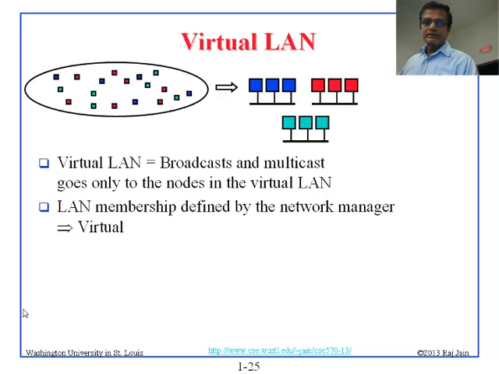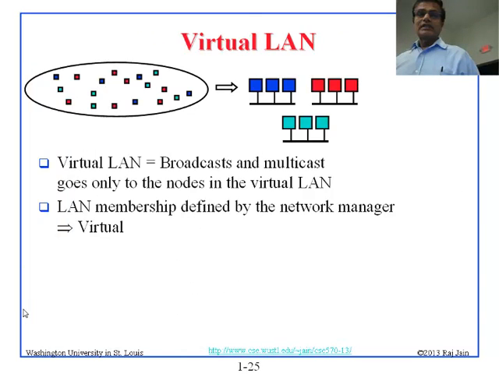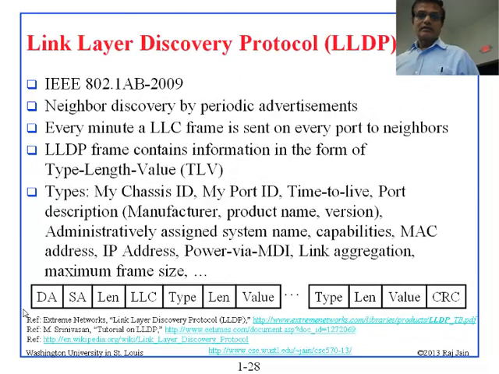I did not say this in this picture, but there is a router here which has only one port. You need this router because to go from one VLAN to the other, you go to the router and come back on the same port, but on a different VLAN. So there are routers that you can cross from one LAN to another LAN or from one VLAN to another VLAN.